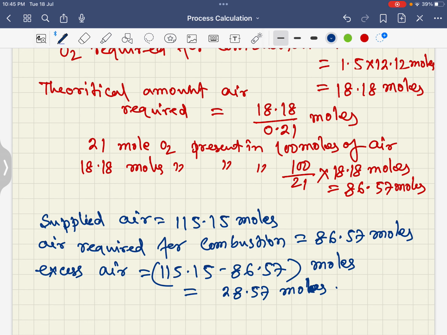Now percentage of excess here, so that is 28.57 by theoretical amount 86.57, into 100.